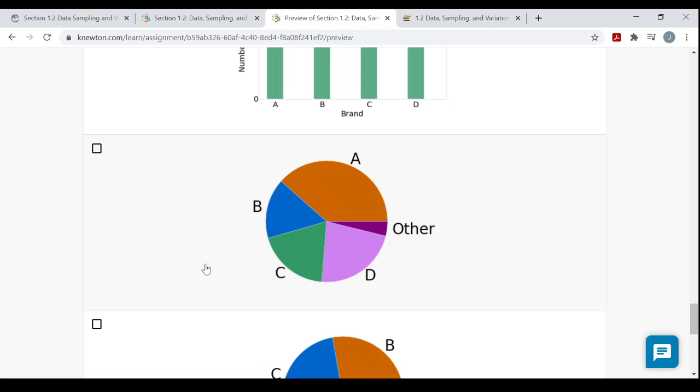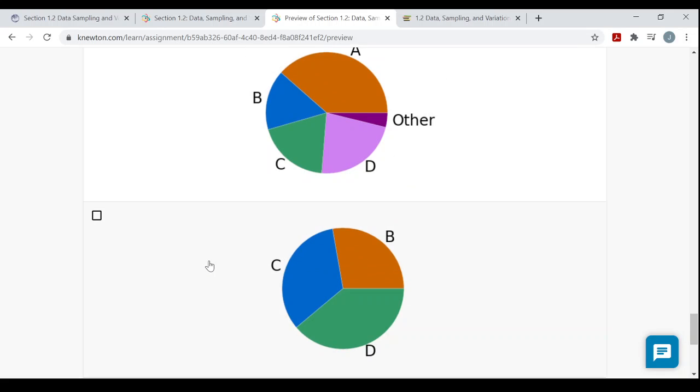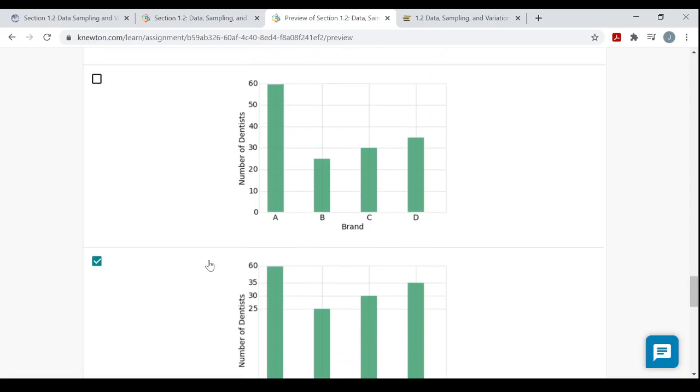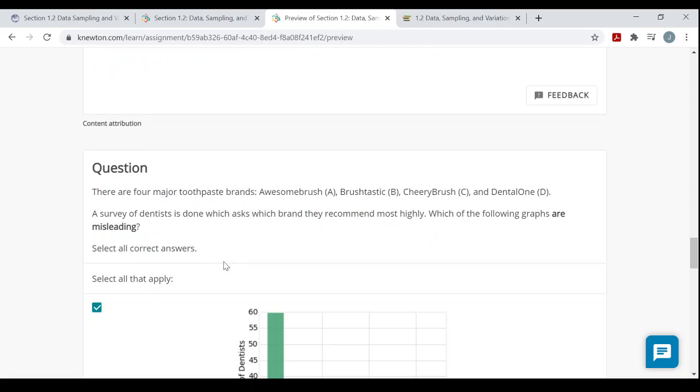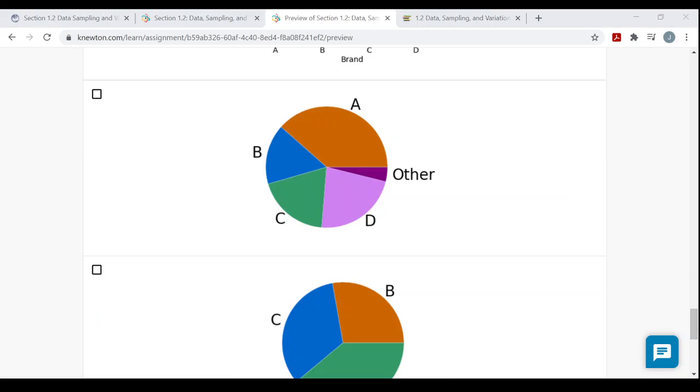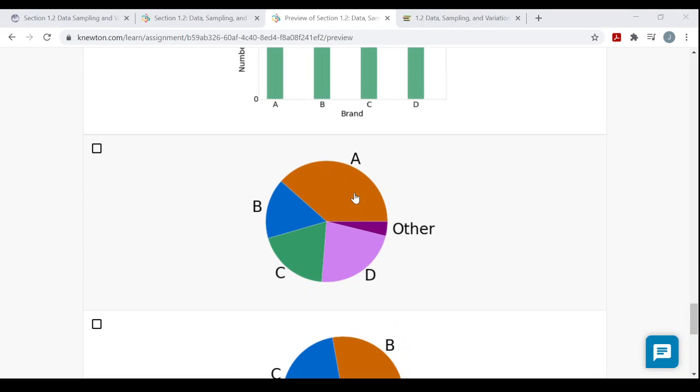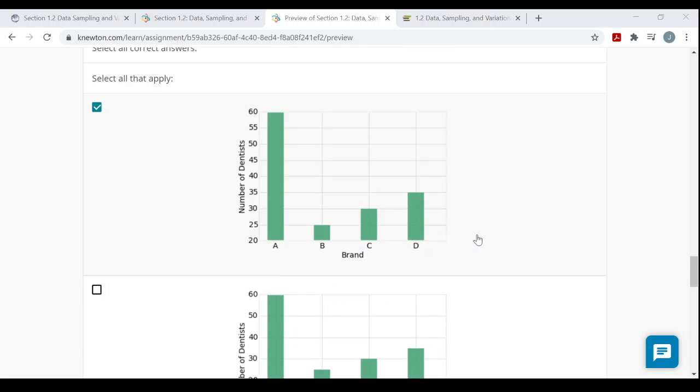All right, I guess the pie charts. The first pie chart has the 4 categories represented, and then an other category, which is usually in pie graphs because these aren't the only 4 brands of toothpaste, right?